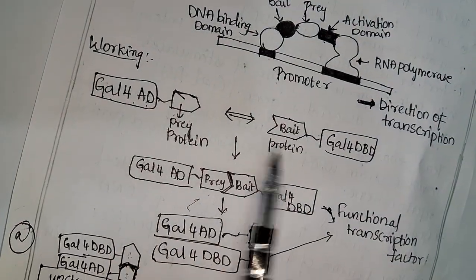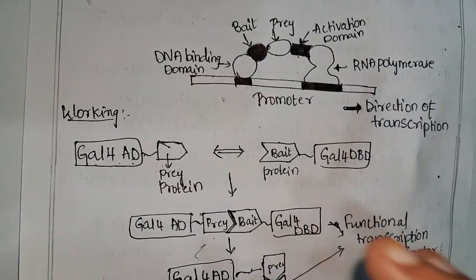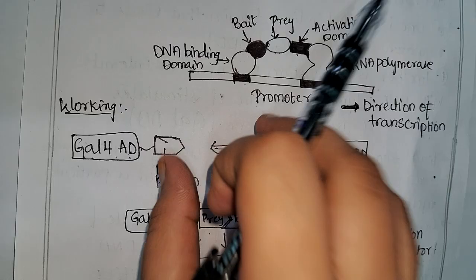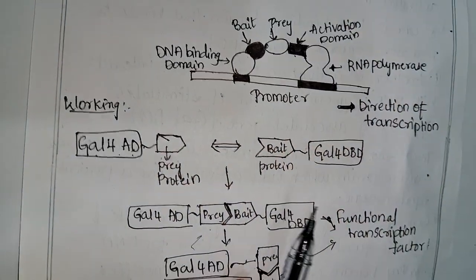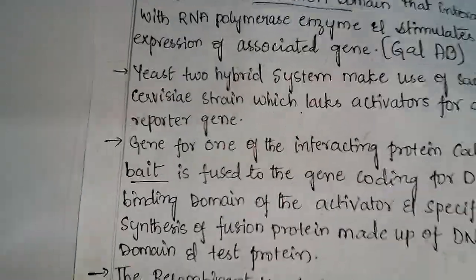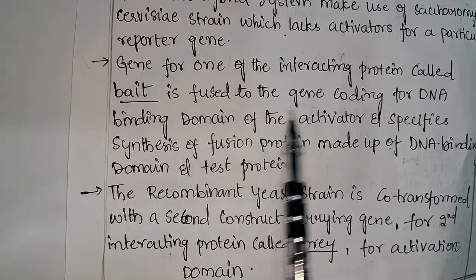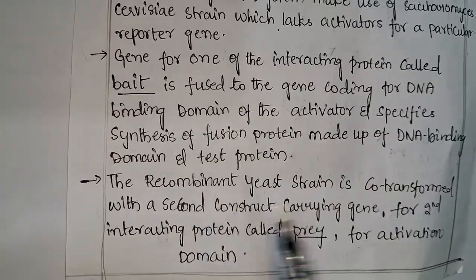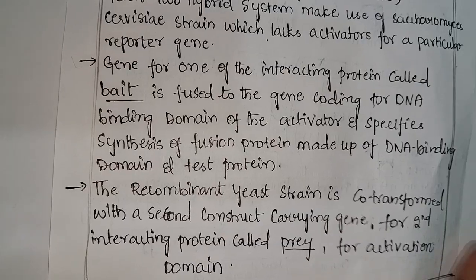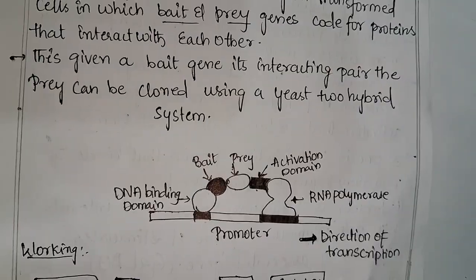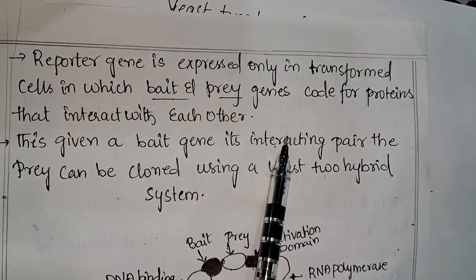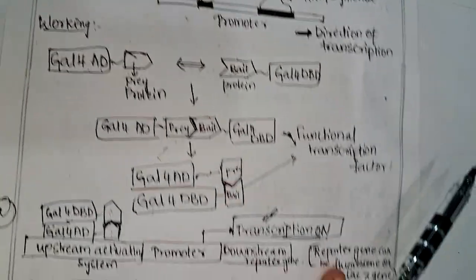We will introduce these proteins in the yeast cell, a yeast cell which lacks these proteins. Then we will clone those proteins in that yeast cell. So I have written the whole detail about the bait, how the bait is going to attract and how the prey is going to interact, and how we are cloning this. Everything I have written in detail along with the diagram.